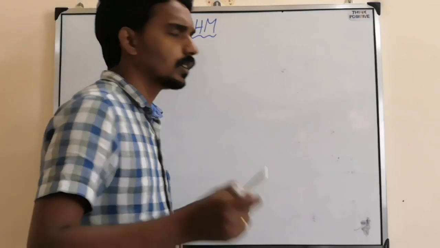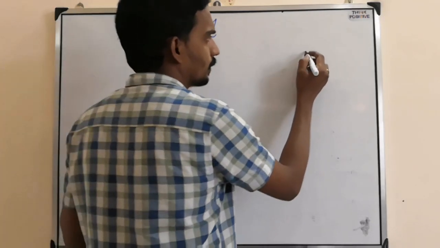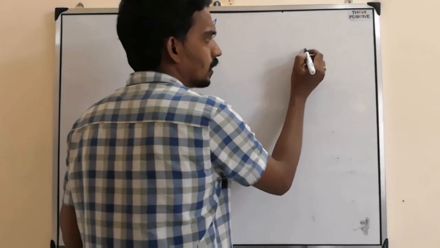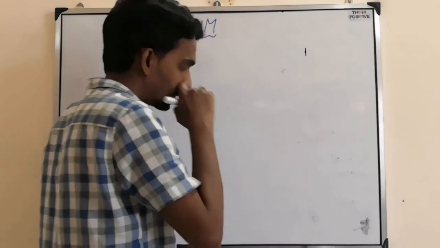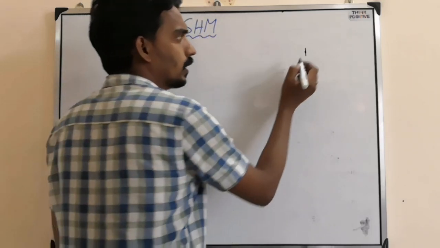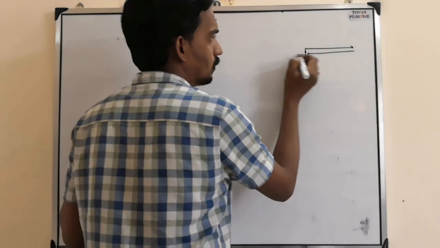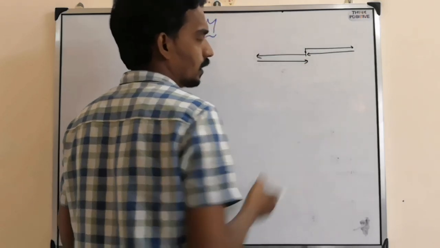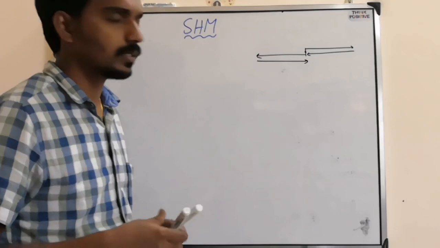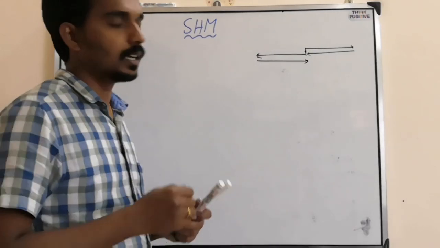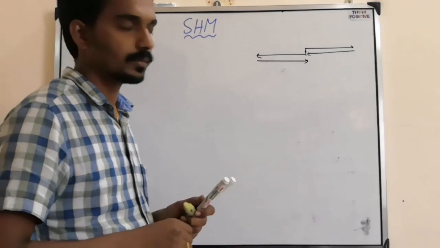If you consider any particle from one fixed position or equilibrium position, if it is performing to and fro motion, then we say it is oscillatory motion.